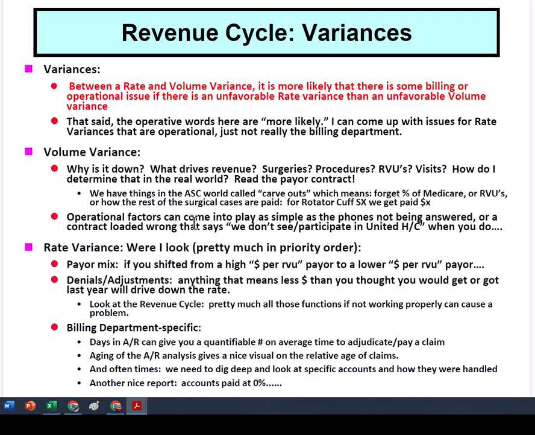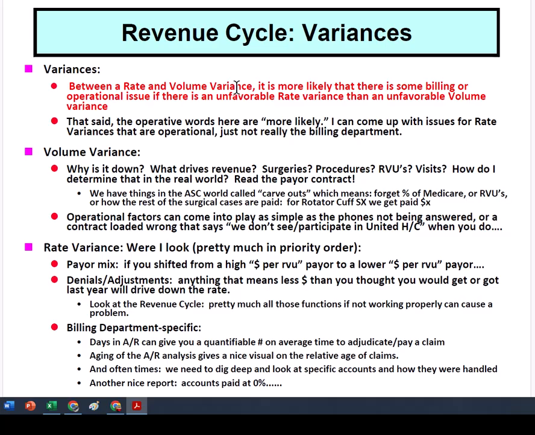Okay, so this is not to be, again, we're not making absolutes here. Between a rate and volume variance, it's more likely that there's a billing issue if it's a rate, and it's more likely to be an operational issue if there's a volume.